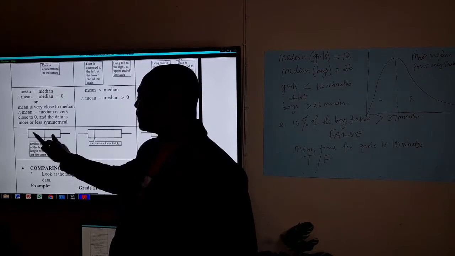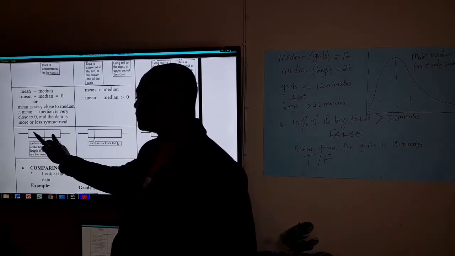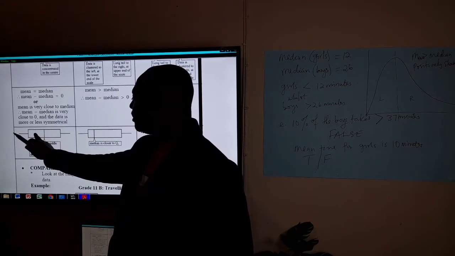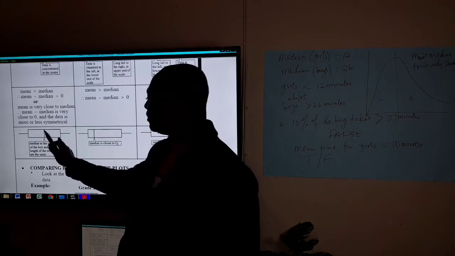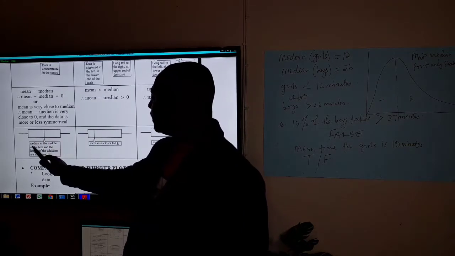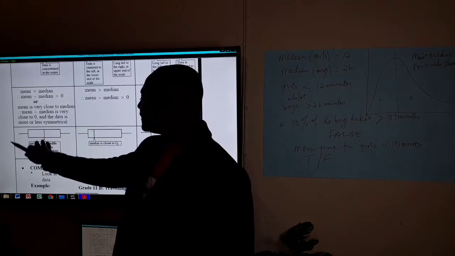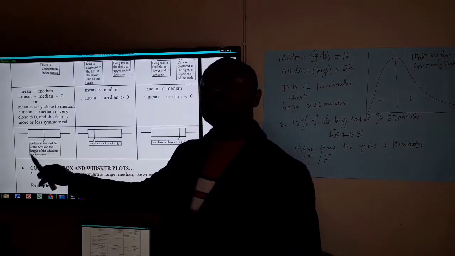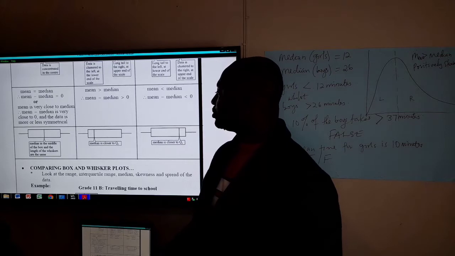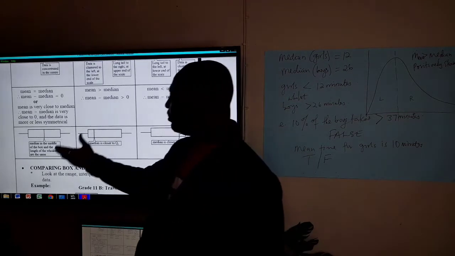So you will look at the box and see how the shape is. The left-hand side of the box is almost equal to the right-hand side of the box. In that case, we say it is symmetrical.